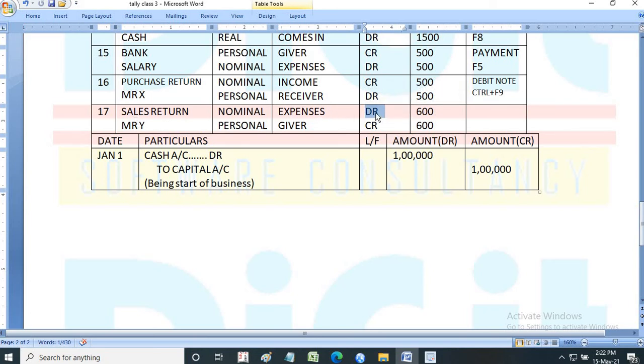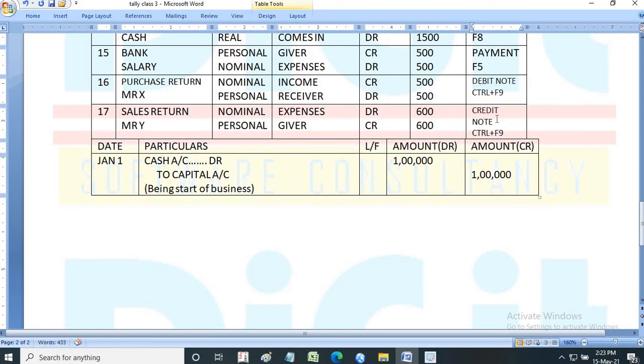So we will treat it as an expense to match with the rule. The expenses rule says debit 600, and Mr. Y is the customer, right? So his personal account, and he is the giver. This time he is returning it. We are receiving the returned goods from Mr. Y. As he is the giver, the account will be credited, amount will be 600, and this will be a credit note.